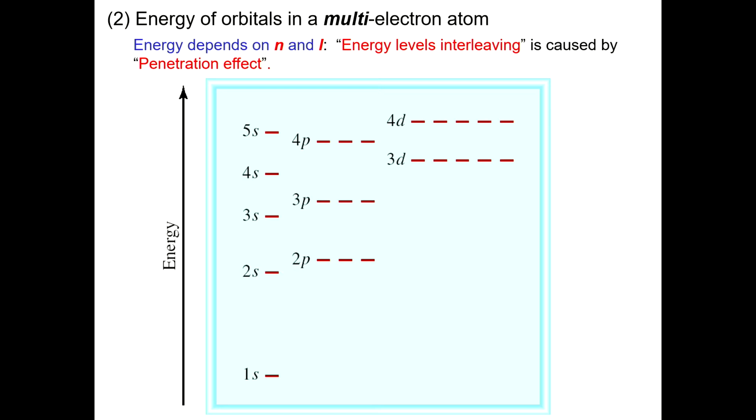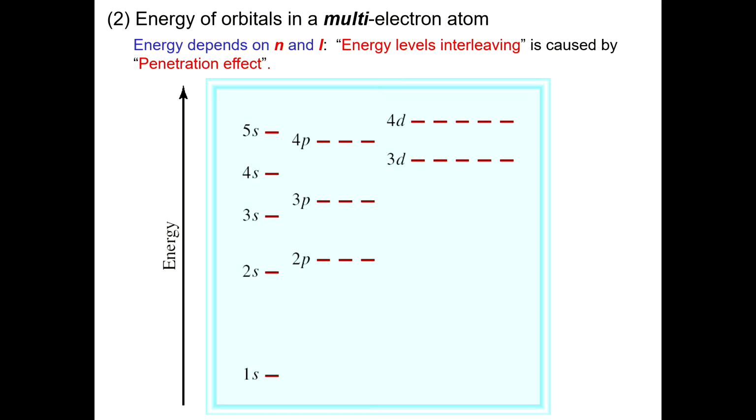And s orbitals can get close to the nucleus more easily than p and d. So in the same shell, s has lower energy than p, and p has lower energy than d orbitals.